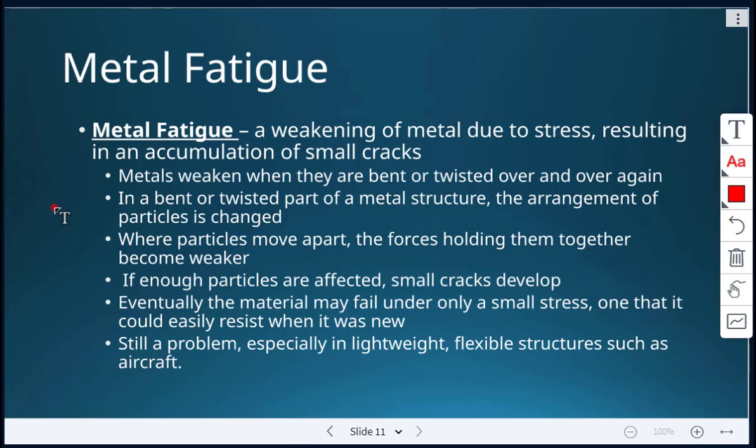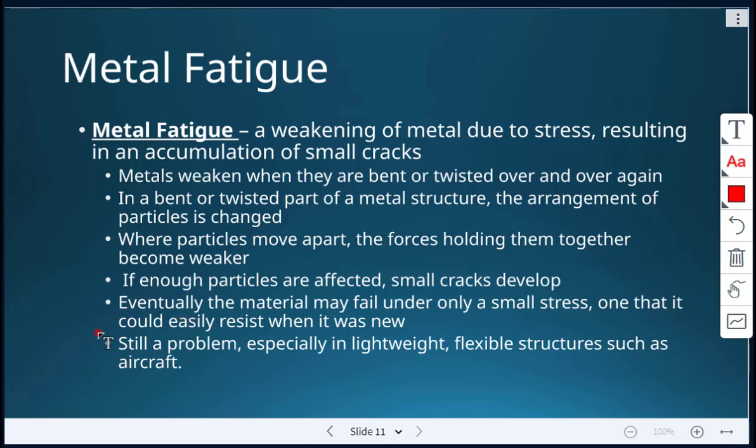If enough particles are affected, then you'll see small cracks developing. And then the material may eventually fail under only a small stress, which it would easily have resisted if it was new. But because of the bending and twisting over and over again, it's going to fail.